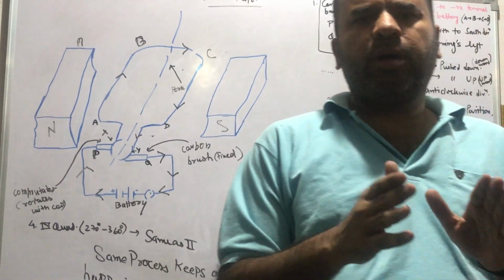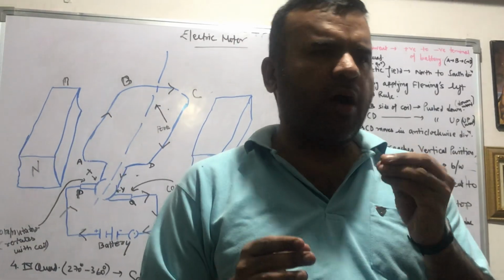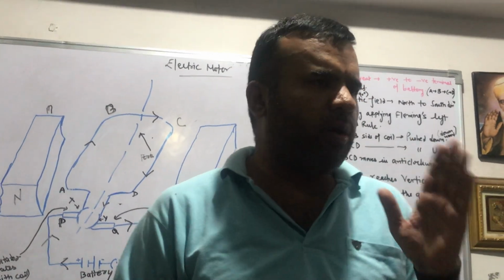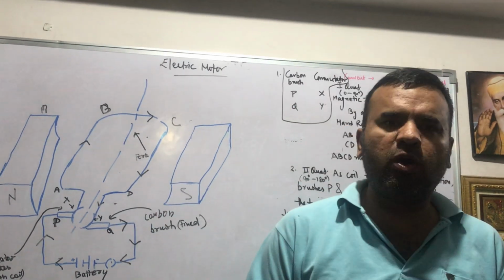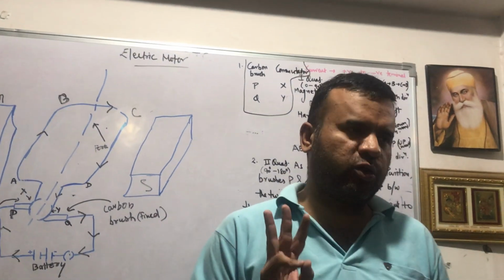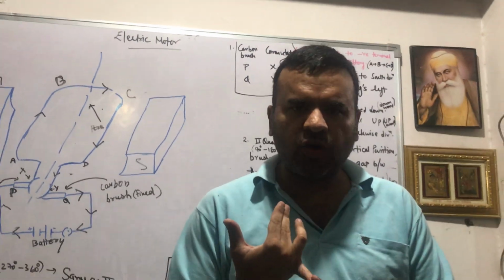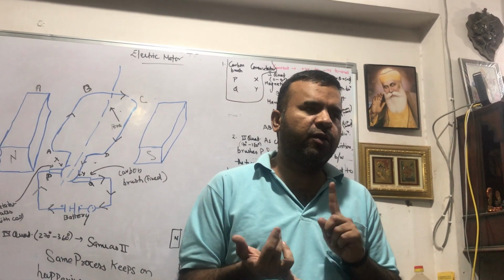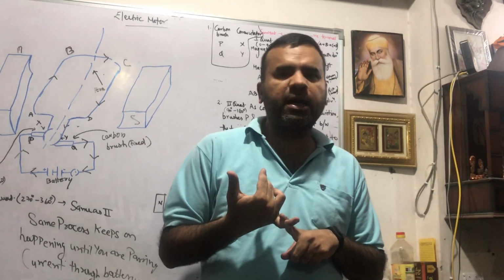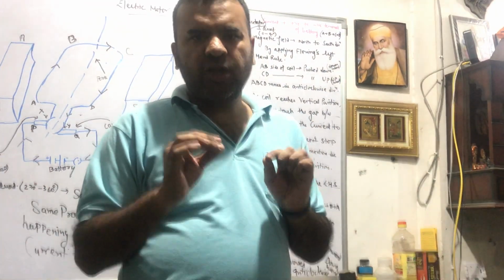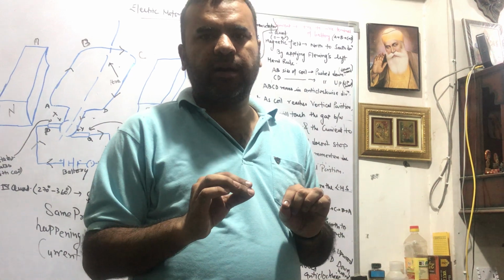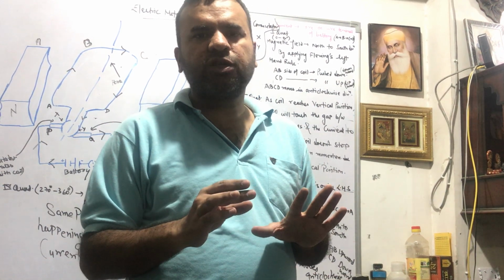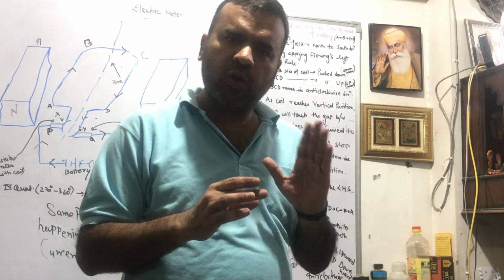Working is very simple. To make it simple, you have to apply Fleming's left hand rule, and you just have to know three things. One is the direction of current, another is the direction of magnetic field, and then one more is the direction of magnetic force. The direction in which magnetic force is applied is the same direction in which the rectangular coil will rotate.